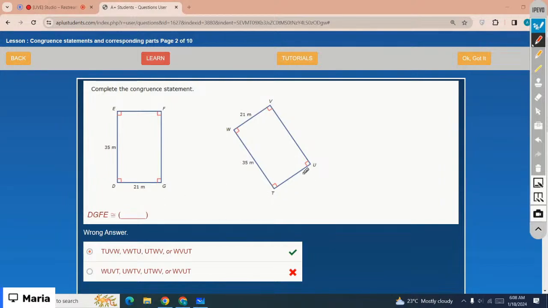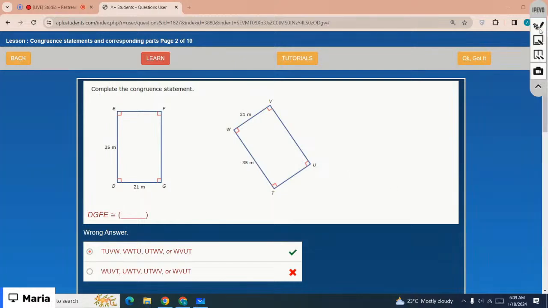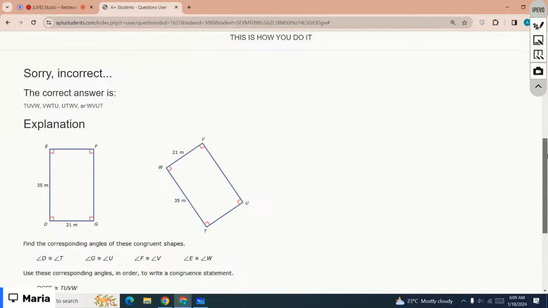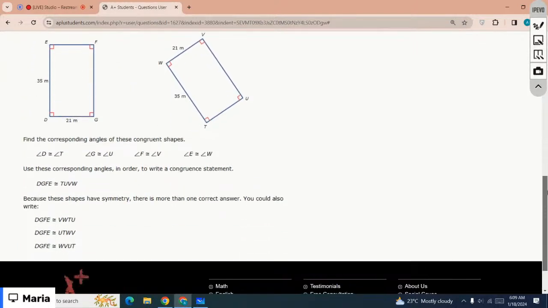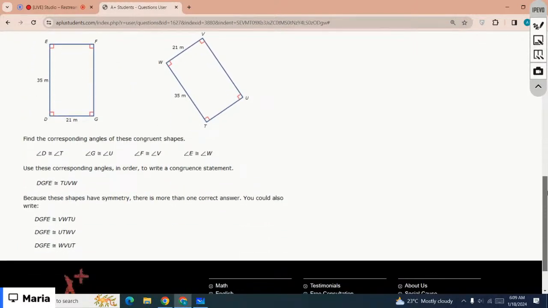DGFE, VWTU or WVUT. Okay, the option number 1 is the correct option. Wait, let me check. Angle D is congruent to angle T. Angle G is congruent to angle U. Angle F is congruent to angle V, and angle E is congruent to angle W. So these shapes have symmetry.